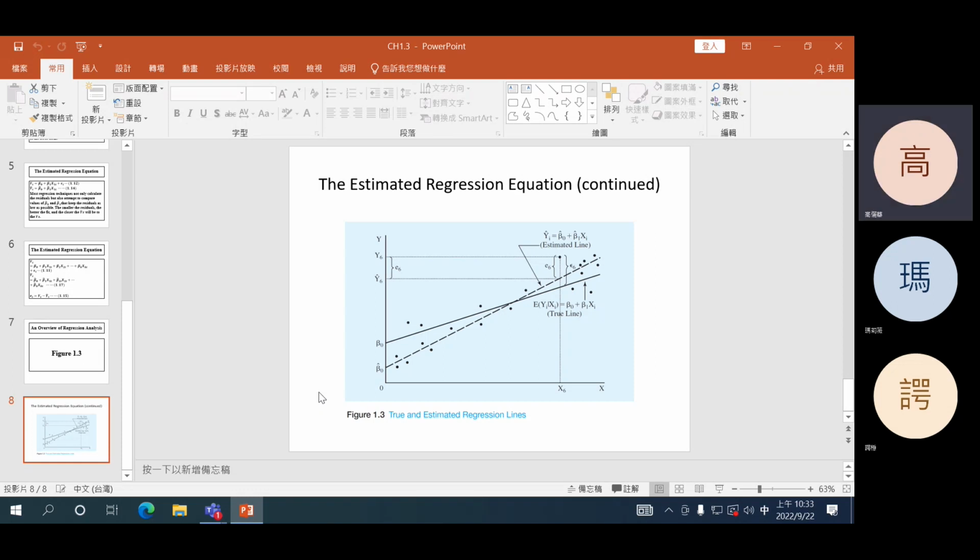Now this is in section 1.3. All right, all the explanation, I think we just stop here. And we have two examples.